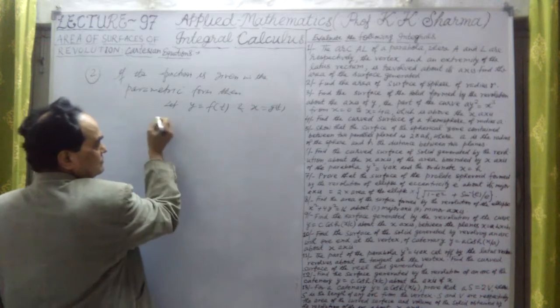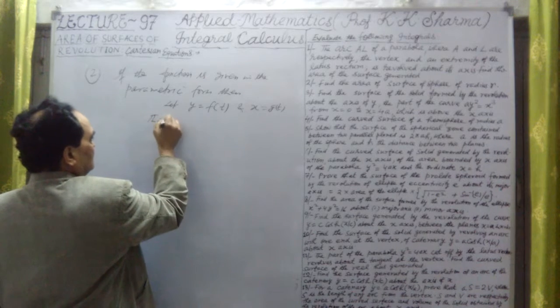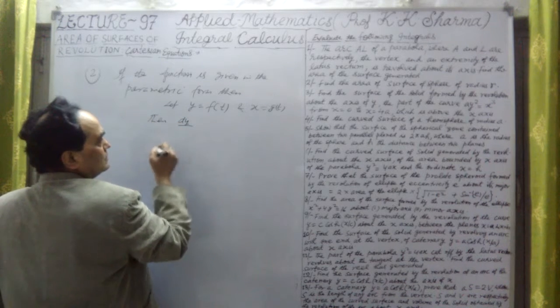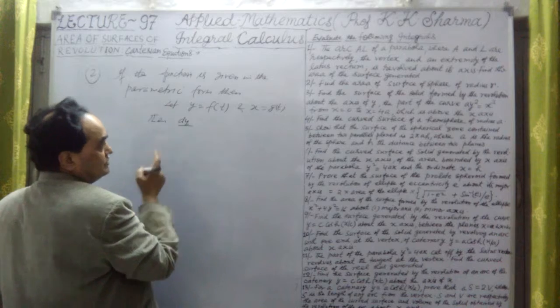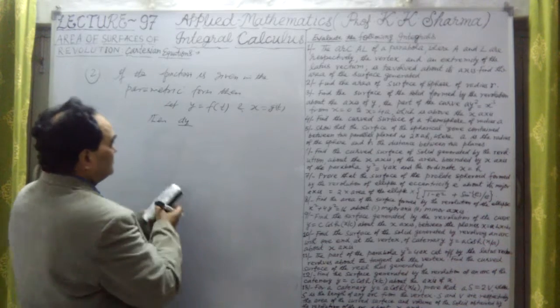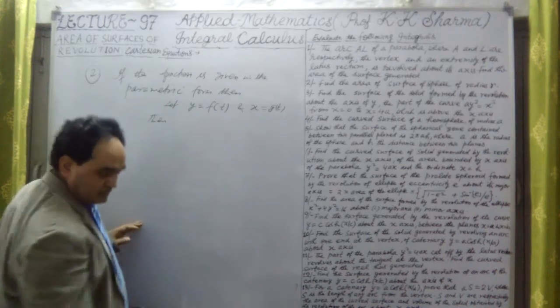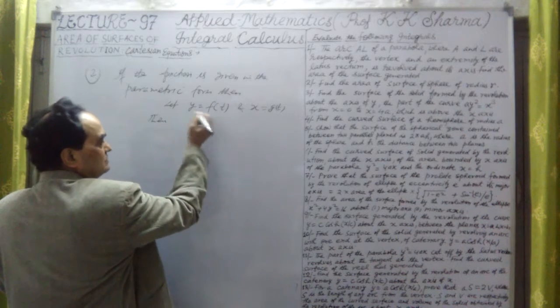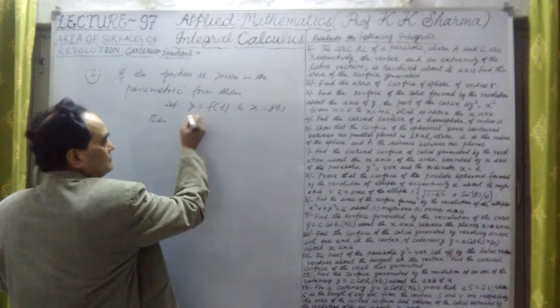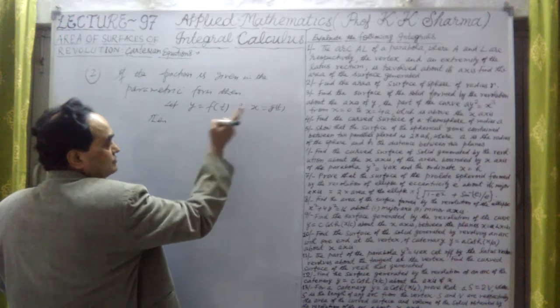Then what is the formula here? In this case we have to find ds upon dt. You will find dy upon dt and dx upon dt, which we will calculate from here.